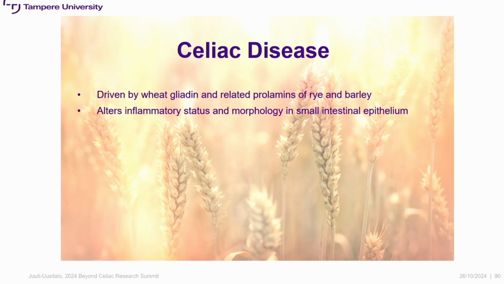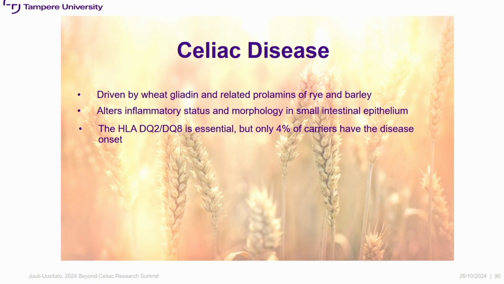They are modified by transglutaminases, which deamidate the gluten, and it can be taken up and presented to the CD4 T cells, which then get activated and start to produce inflammatory cytokines. These cause an inflammatory milieu in the small intestinal lamina propria, and then it alters the inflammatory status and morphology in the small intestinal epithelium.